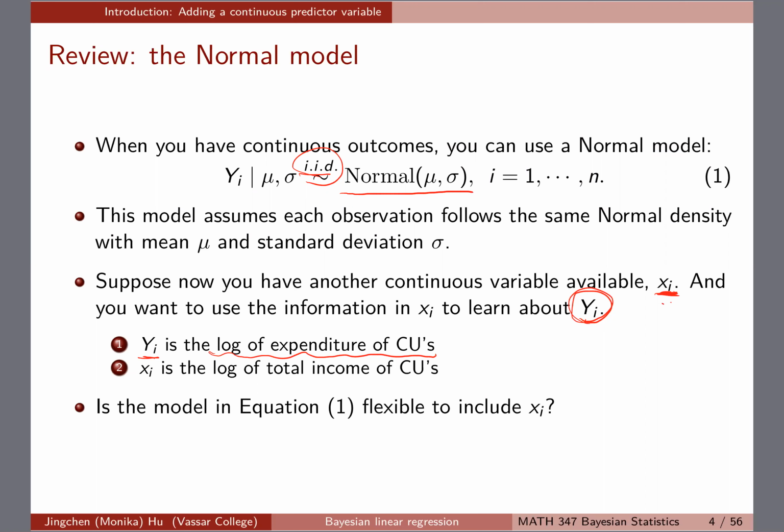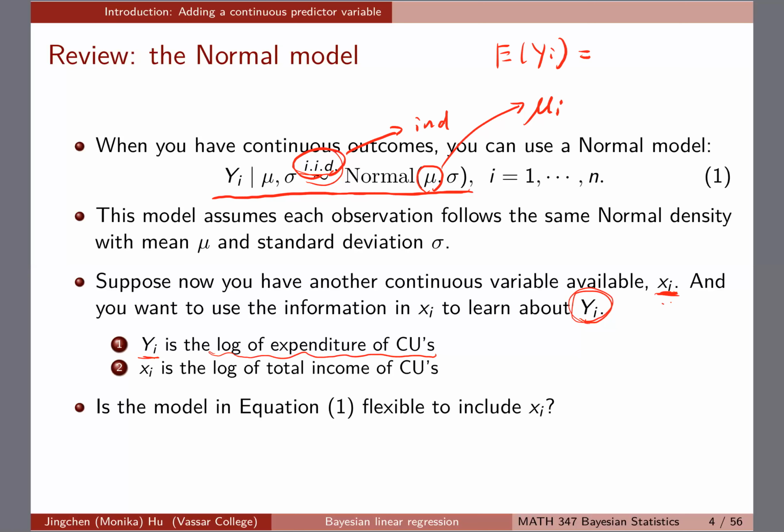Okay, so if we're going to try to include xi in our model, then equation 1, this IID model, is going to become what we call not IID anymore, but independent. But then you're going to have an observation-specific mean to do that. You probably have heard about those terms. It's really about the expectation of the response, right?